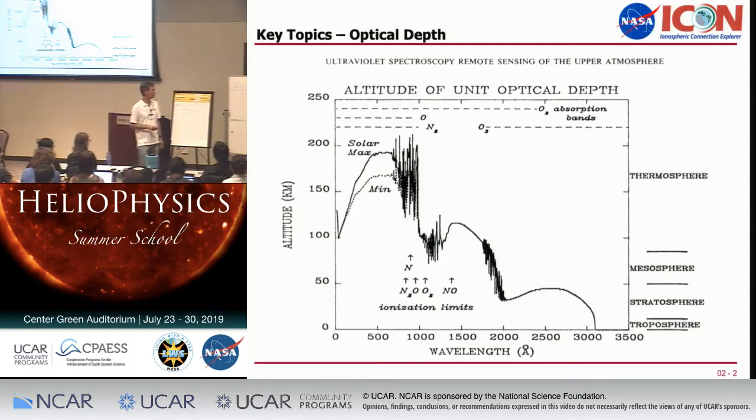The point I was making here when I took the derivative of this and set it to 0 to get down to this point was that the peak ionization rate is where the optical depth is 1. So this is a plot of two things, the unit optical depth and where, for radiation coming straight down, the peak reaction is taking place.